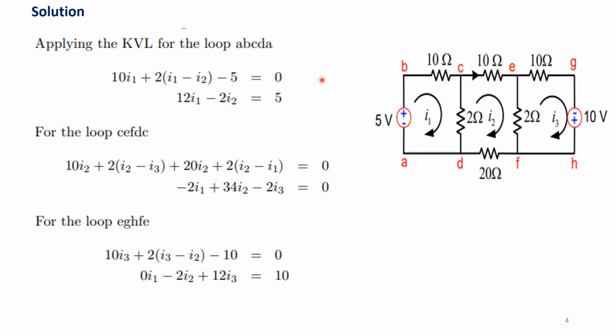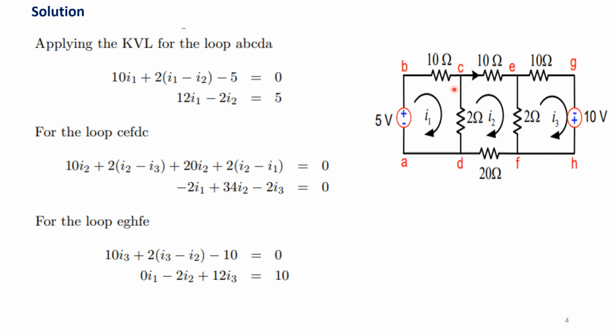So first loop, A, B, C, D, A. If you consider this 10 ohm, I1 is the current through that. I am writing the sum of potential drops equal to 0, applying Kirchhoff's voltage law. So 10 into I1 plus 2 into the current, with the downward direction as I1 and the upward direction as I2.